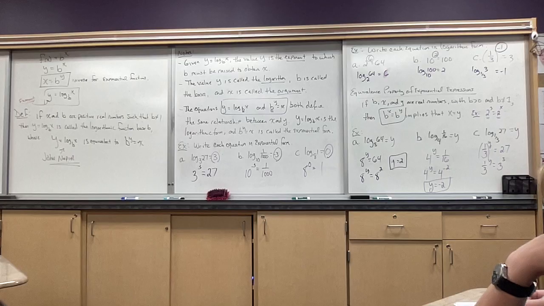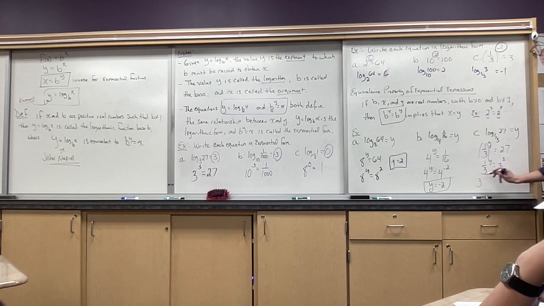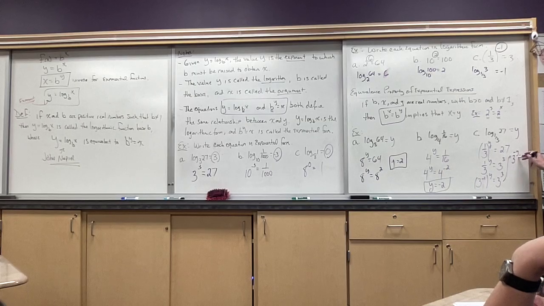And then looking at it, 1/3 could be changed to 3 to the negative 1, raised to the y power, equals 3 to the 3rd. I'm going to bring it up here. So we get 3 to the negative y equals 3 to the 3rd. And we can see that y would have to be negative 3 for that to work.